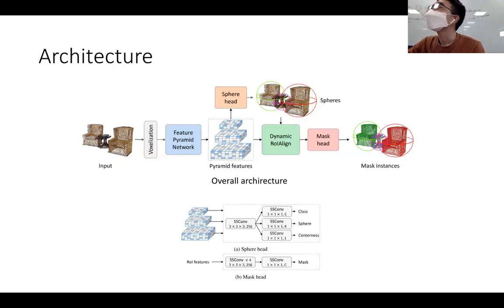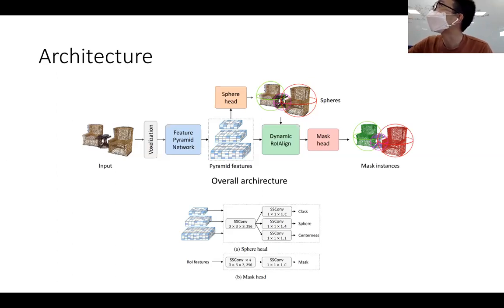I go to a sphere branch. The purpose of the sphere branch is to put a sphere on each object and each class. Like this one is a chair, this one is a table, this one is a chair. For each object, I detect a sphere, and then ROI, for simplicity, means I crop out and process independently every object.